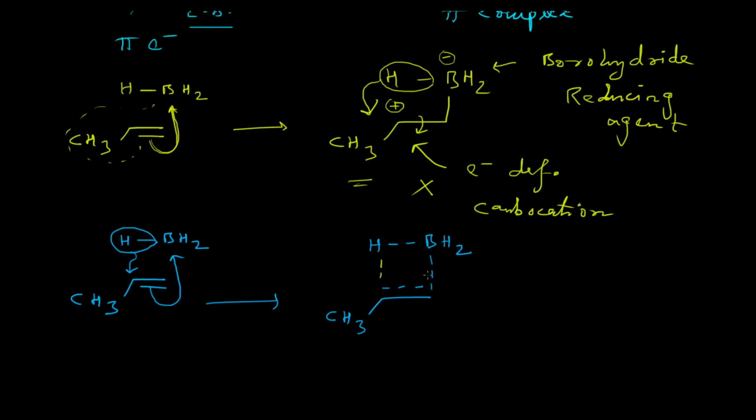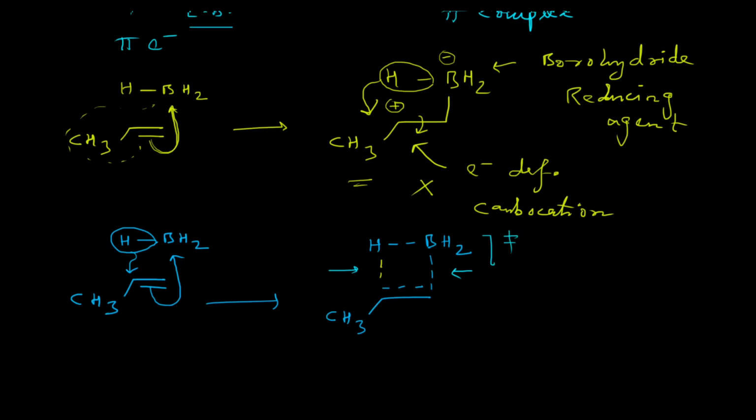Here one interesting thing we have to consider. Since the first step is the attack of this double bond on the boron center, the extent of formation of this carbon-boron bond will be higher than that of the carbon-hydrogen bond. So the bond order in the transition state for this carbon-hydrogen will be less than that of carbon-boron, and this will lead to an unsymmetrical transition state.